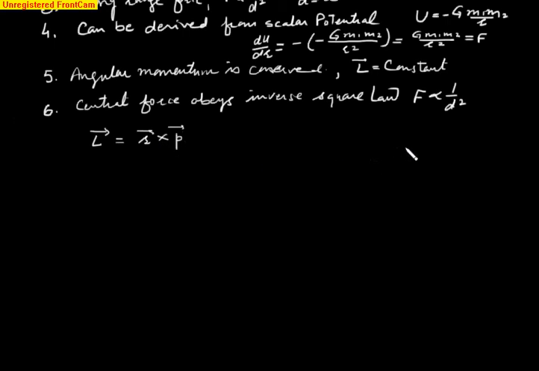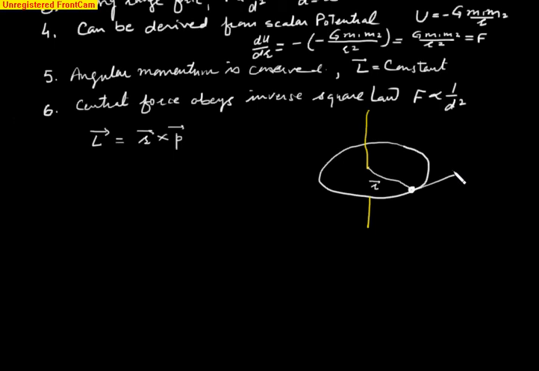We can take this from this diagram: suppose a mass m is in rotational motion about this axis of rotation, and it is at a distance r from here, that is this r, which is perpendicular to this axis of rotation.